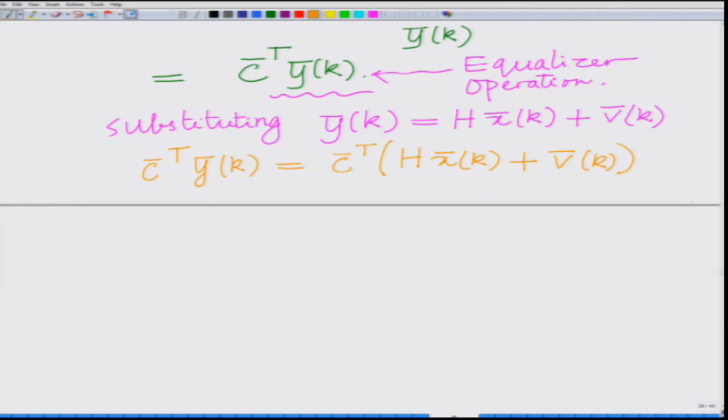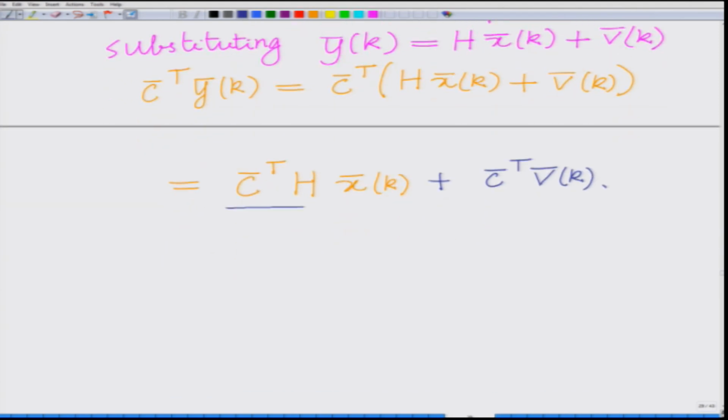Now, removing the brackets, I have C bar transpose H x bar of k plus C bar transpose v bar of k.